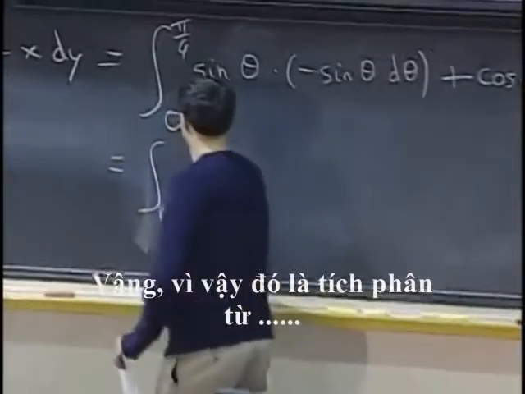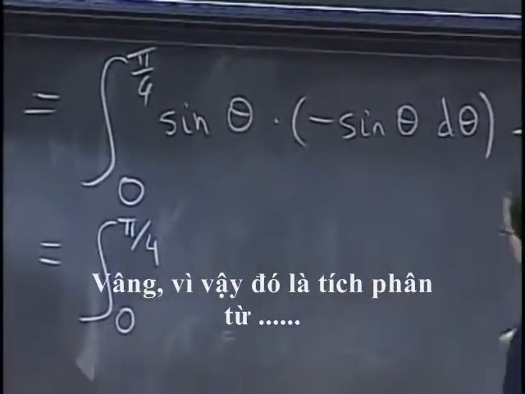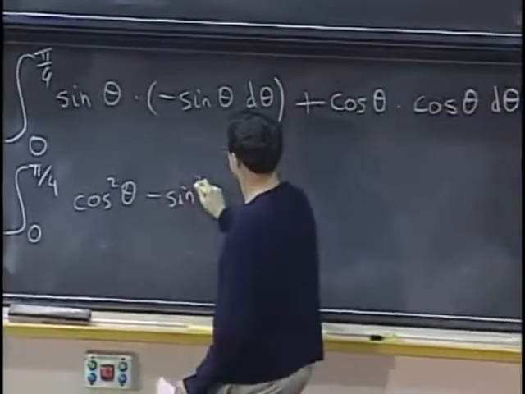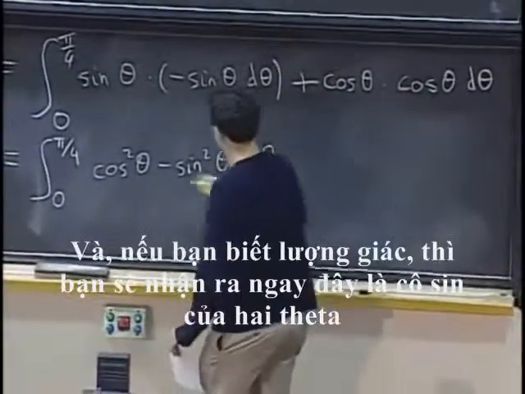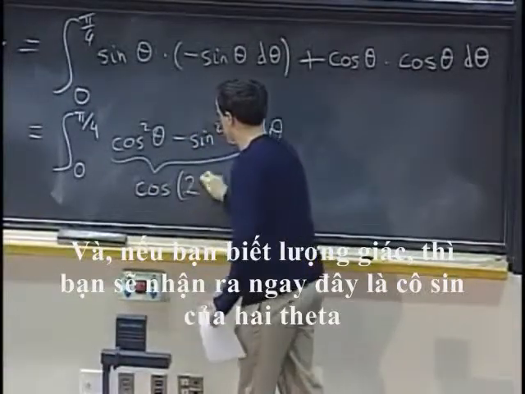Okay, so that's the integral from 0 to pi over 4 of cosine squared minus sine squared. And if you know your trig, then you should recognize this as cosine of 2 theta.